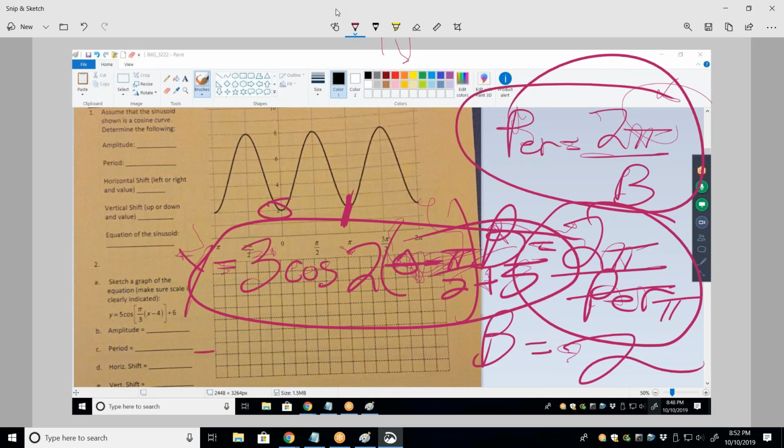Well, that's 3 cosine of 2 times minus pi over 2, right? Plus 5. Well, what's cosine of 2 times minus pi over 2 equal to? First of all, what's that? Simplify it.